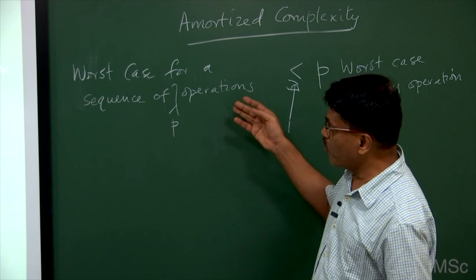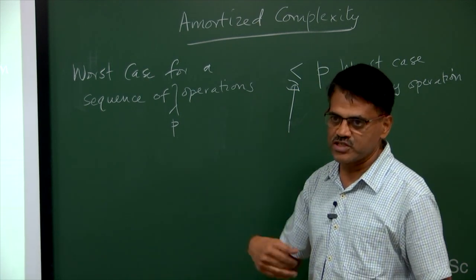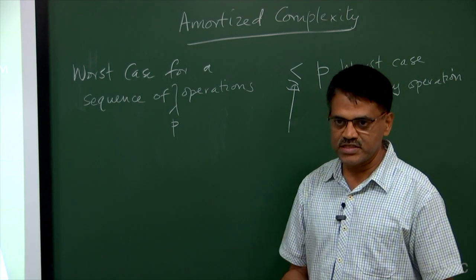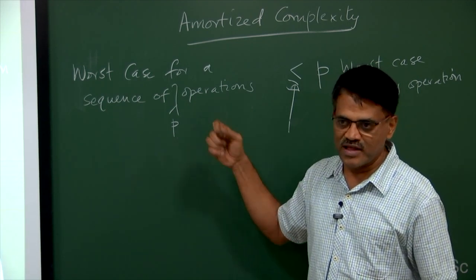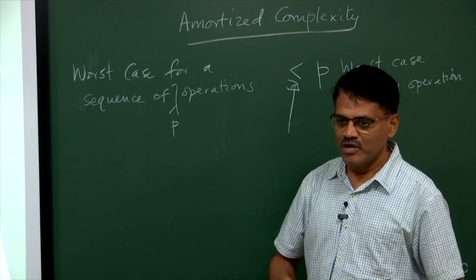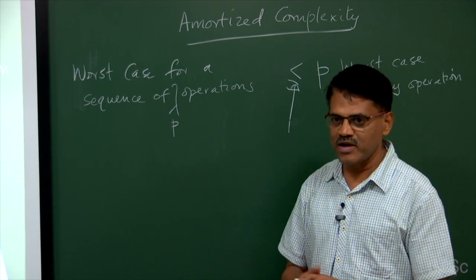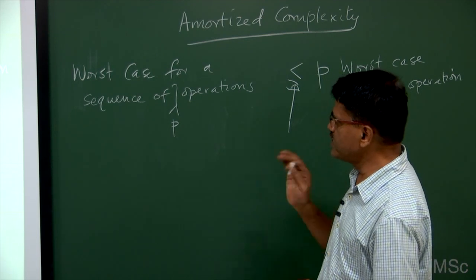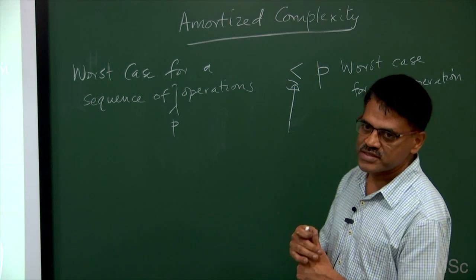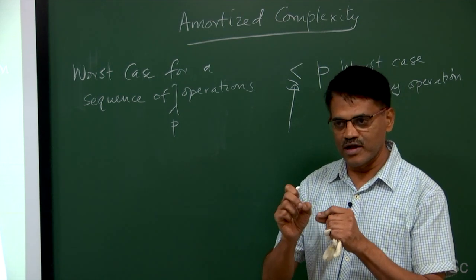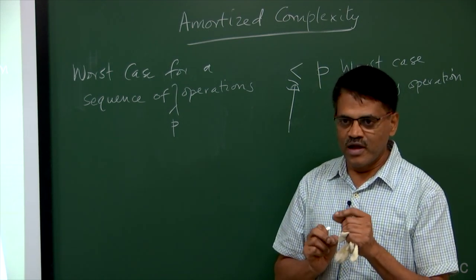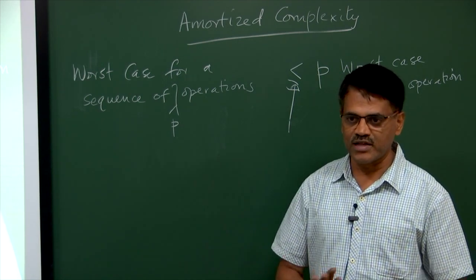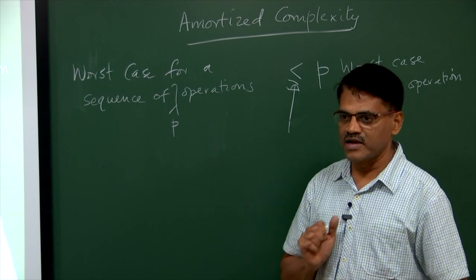Other is if my goal is only the sequence of operations and not for one, I may want to come up with different data structures to meet this purpose. Rather than worst case, I will be happy to spend more time sometimes, but it just sort of amortizes better. Okay? So the difficulty is how do we analyze this cost for a sequence of operations? How do we capture that one operation does something to the data structure? Right? That's what makes this a little subtle and difficult.